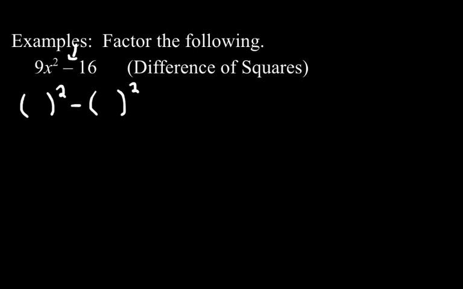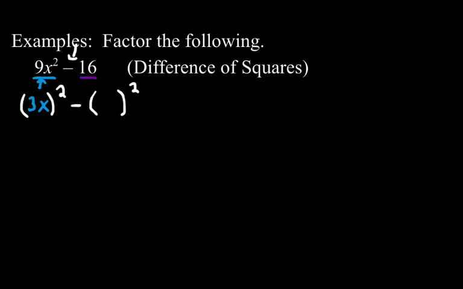Okay, so if we think about this, what times itself will equal, and I'm going to use a different color here, I'm going to use blue, what times itself will equal 9x squared? And the 9 part's pretty easy. We know 3 times 3 equals 9. And then hopefully it makes sense that x times x equals x squared. So 3x in that parentheses gets squared, and that equals the 9x squared.